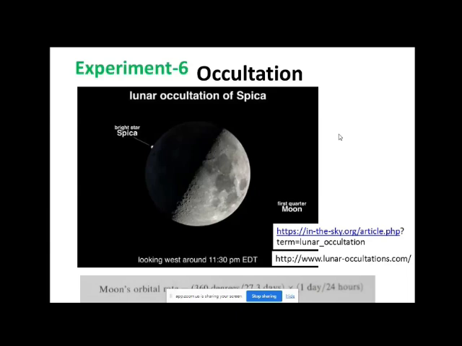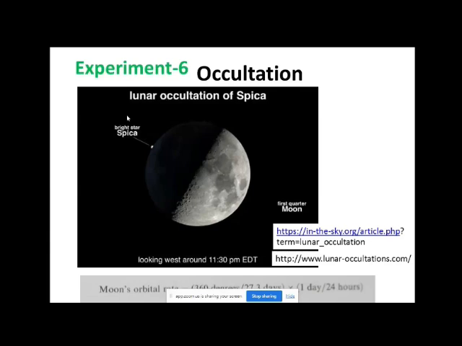We can measure this. Here is an occultation of Spica, and at this condition, like this image, we have to take the time and date. Date is not important. This is a few minutes event or few hours event, and we wait for the total event, and take the time after emerging from the opposite edge.